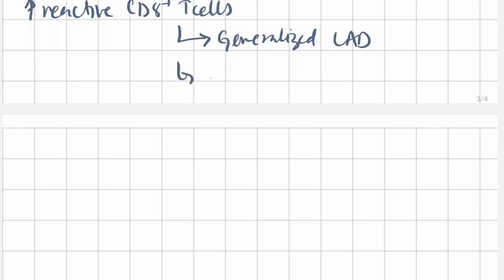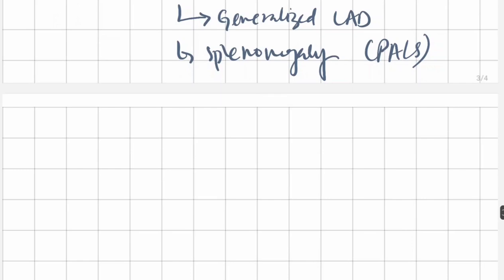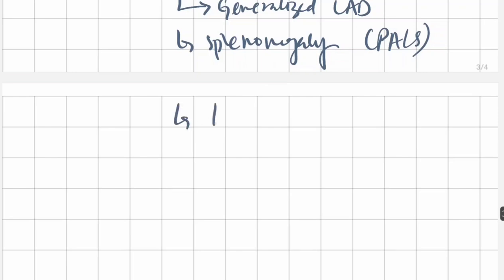And it is also going to cause splenomegaly, and that is in the PALS. PALS is basically the periarterial lymphatic sheath. They're part of the spleen. There it is going to cause splenomegaly because of that. And of course, we're going to have an increased WBC count. That is a no-brainer.